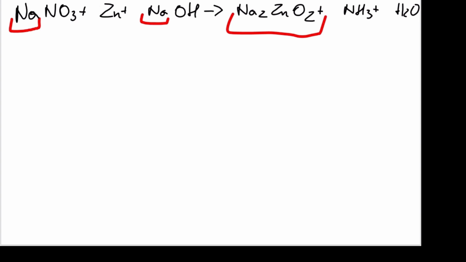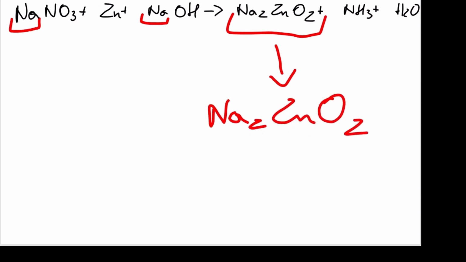But firstly, let's consider this very interesting compound, sodium zincate. Here we have sodium atoms, a zinc atom, and oxygen atoms.